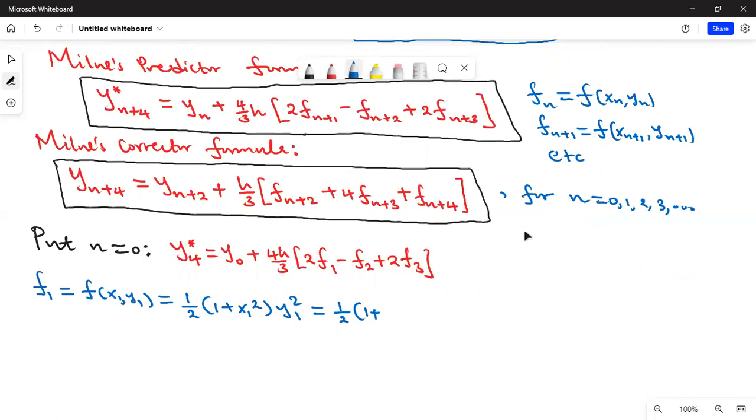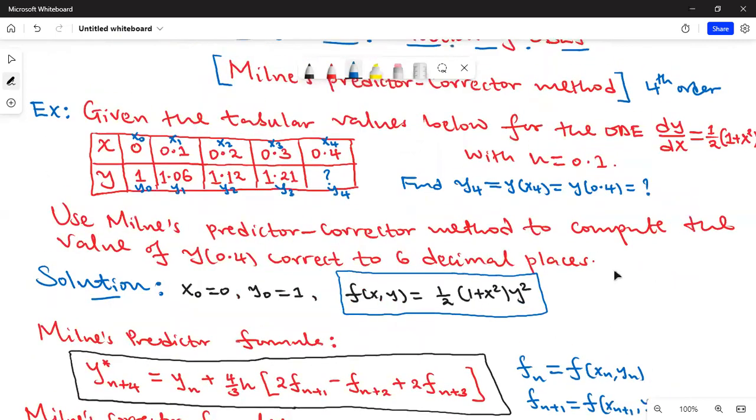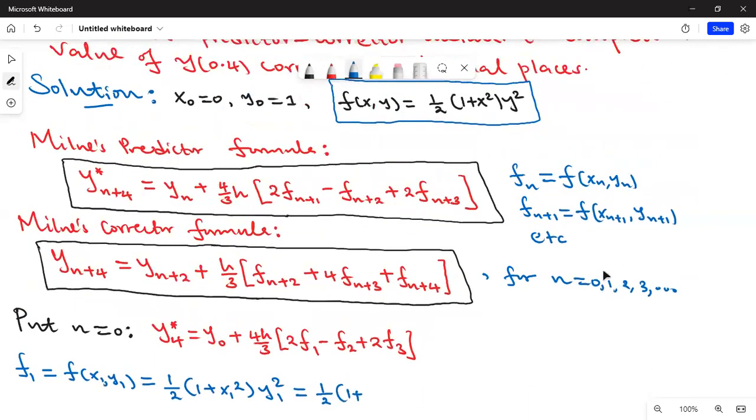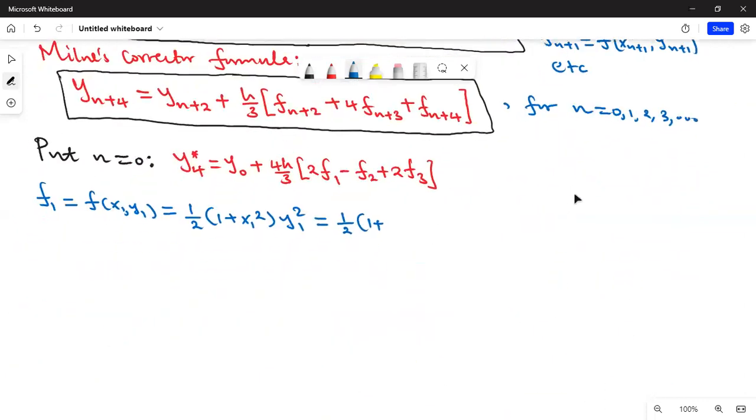We go back to our table: x1 is equal to 0.1 and y1 is equal to 1.06. So here we'll have 0.1 squared into 1.06 squared. Press this in your calculator. You need to get 0.567418.